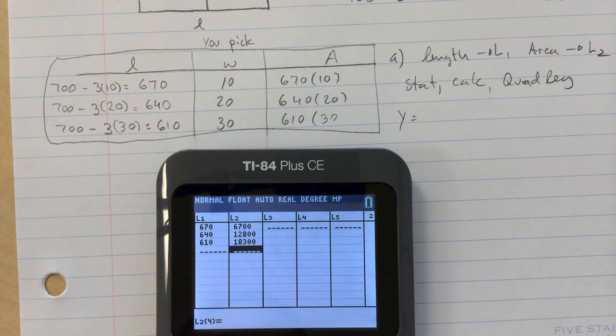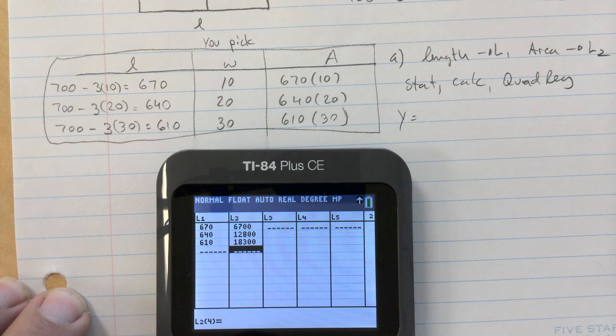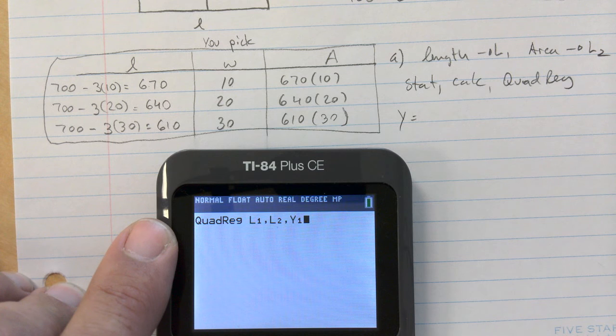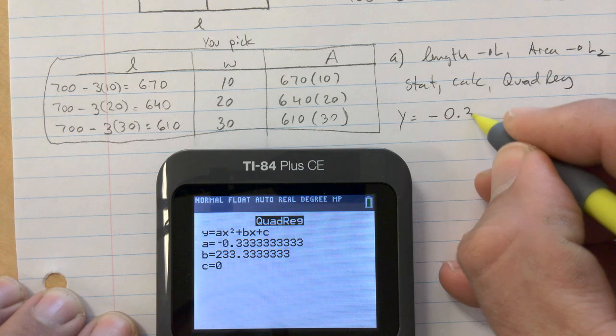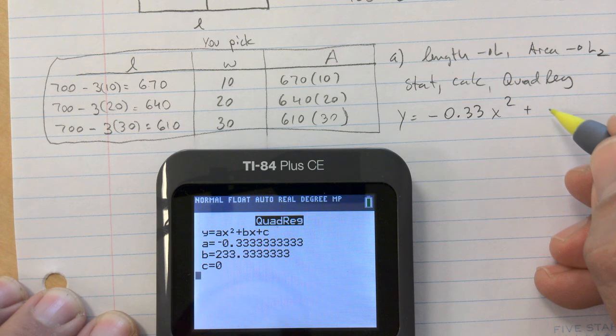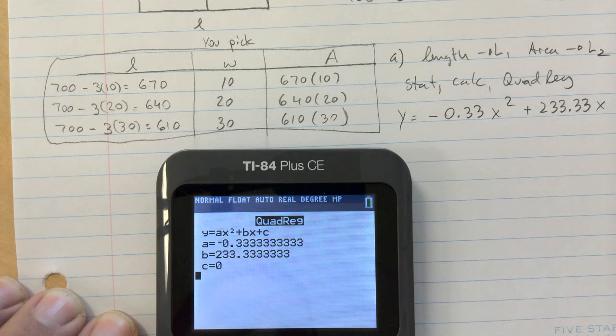I'm going to go back to my home screen, just go up and look for the quadratic regression that I just did a little while ago. And it's negative 0.33 x squared plus 233.33 x, and c is 0, which is going to be the case pretty much every time.